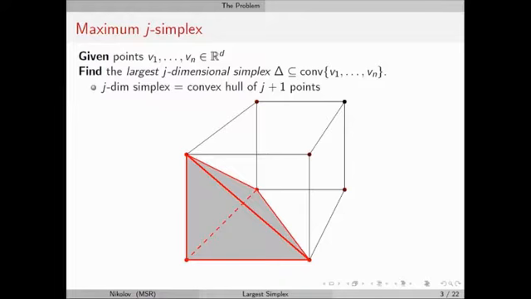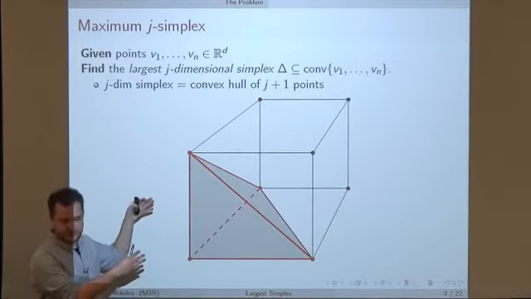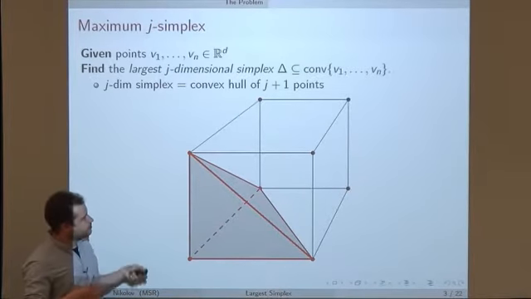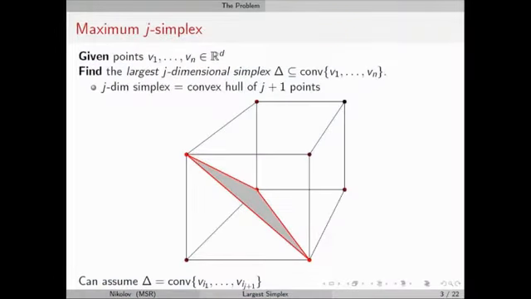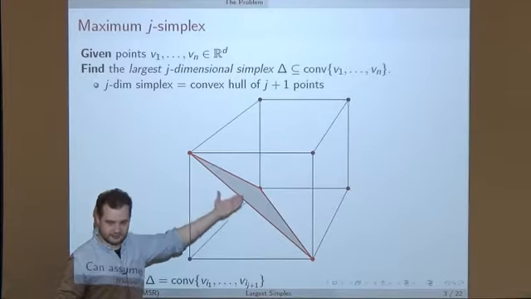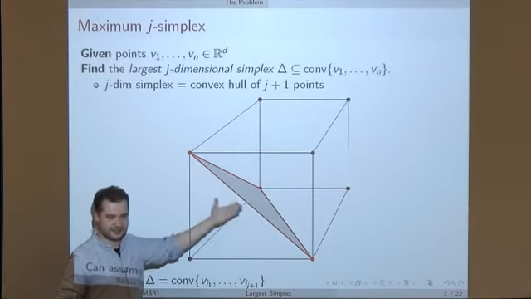So when we're looking for a d-dimensional simplex, and our points are in d dimensions, we really are just looking for the d-dimensional simplex of the largest volume. If j is less than the full dimension d, it's kind of the obvious thing. We would look at the flat in which the simplex lies, the affine span, and we look at the Lebesgue measure on that flat.